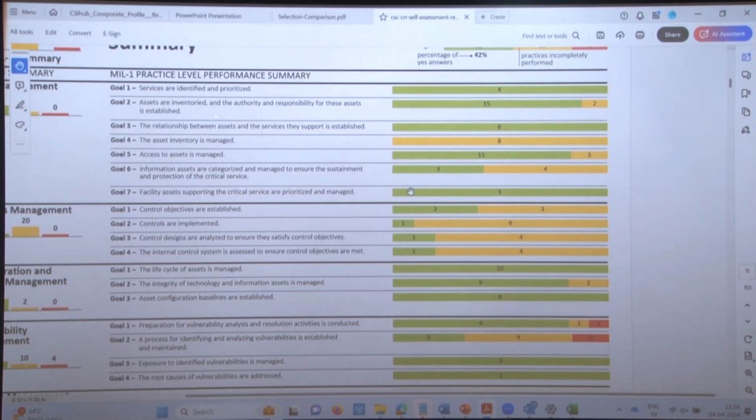Whereas assets are inventoried and authority and responsibility of these assets are established, 2 practices seem to be incomplete. Yellow means incomplete, it is being done, but not fully. The relationship between assets and the services they support is established, that seems to be fine. Asset inventory is managed. Now, this asset inventory at that time, if I remember correctly, was a spreadsheet.